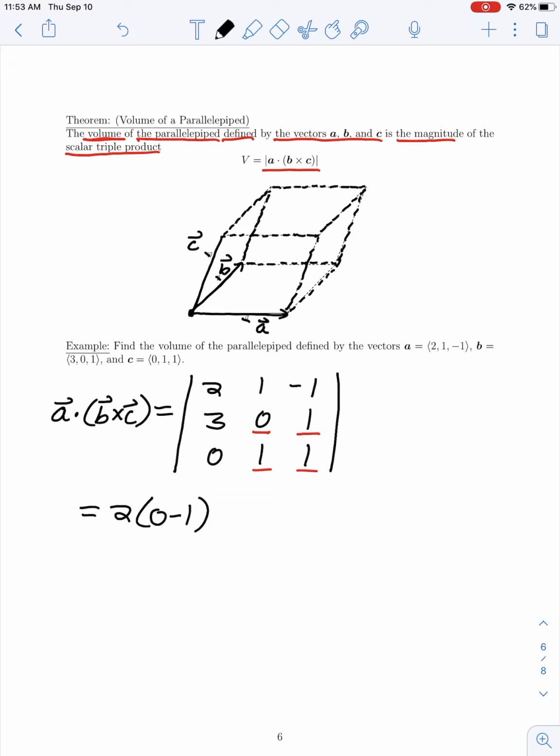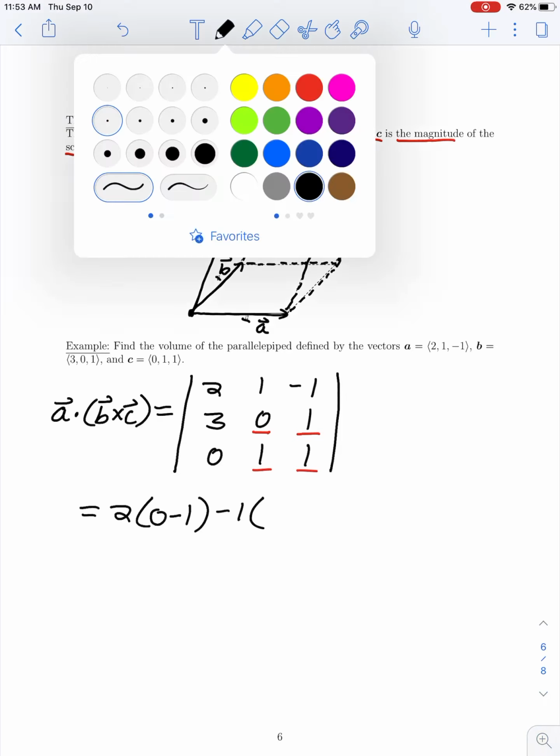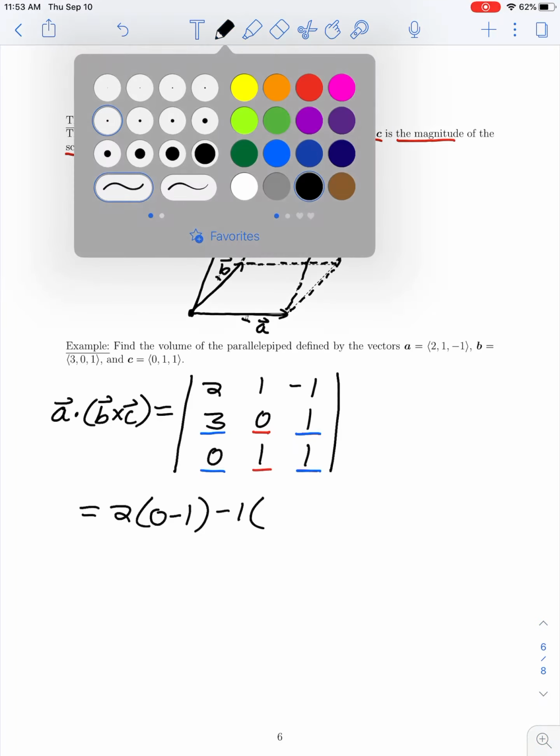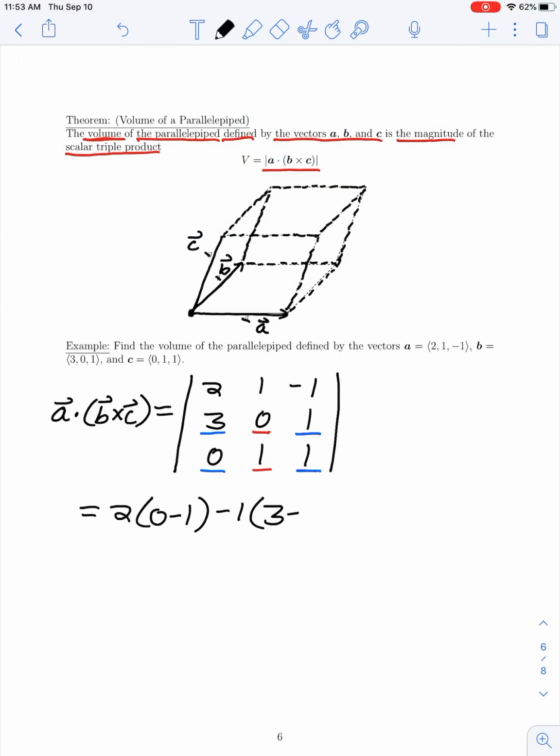Then we would take the negative of the second entry in my first row. So I'm going to have a negative 1 times the determinant of the 2 by 2 submatrix I get by deleting the first row and second column of this matrix. So I would have 3 times 1 minus 1 times 0. That gives me 3 minus 0.